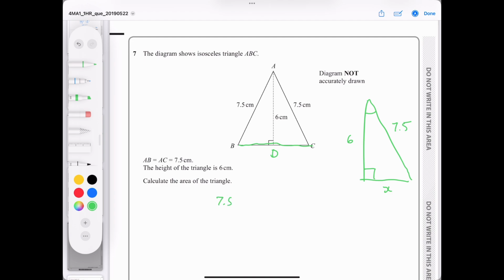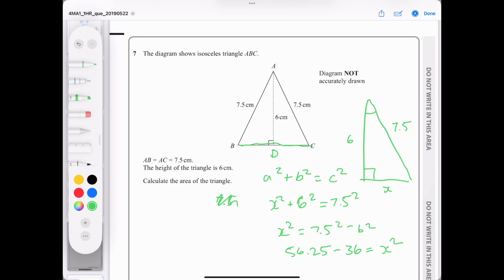So 7.5 squared, a squared plus b squared equals c squared. 7.5 squared is our hypotenuse, and then we can make that 6 squared, and then we can make that x squared. So x squared equals 7.5 squared minus 6 squared. Let's find out what 7.5 squared is, probably 50 something. So it is 56.25, and then minus 36 equals x squared, and we know that that is 20.25.